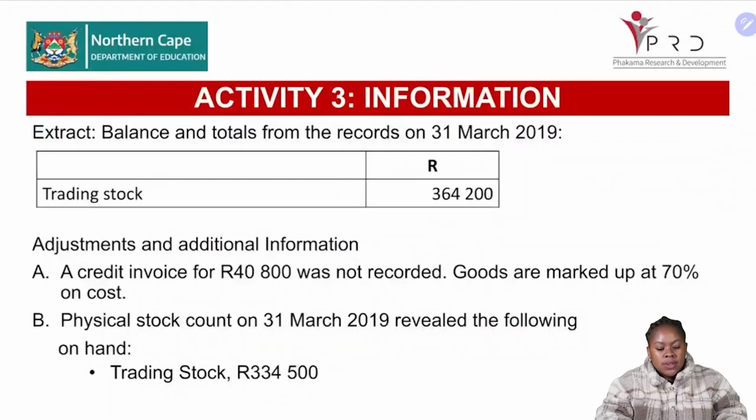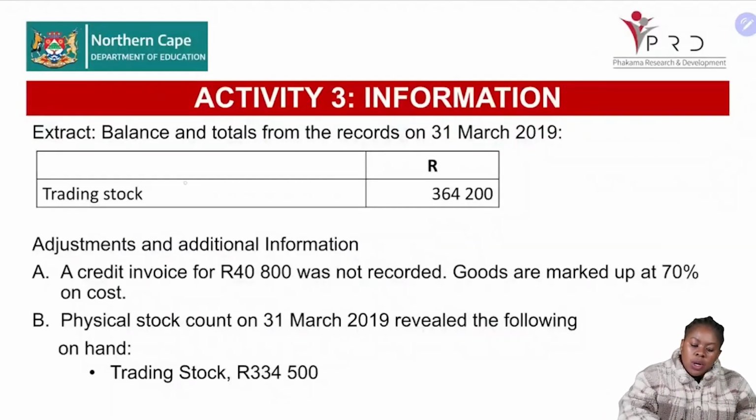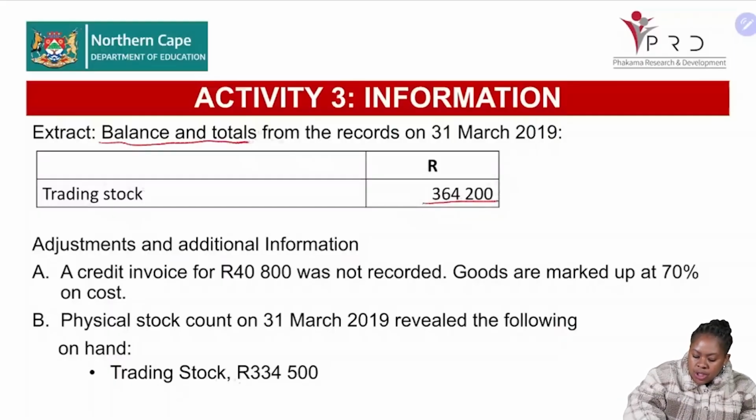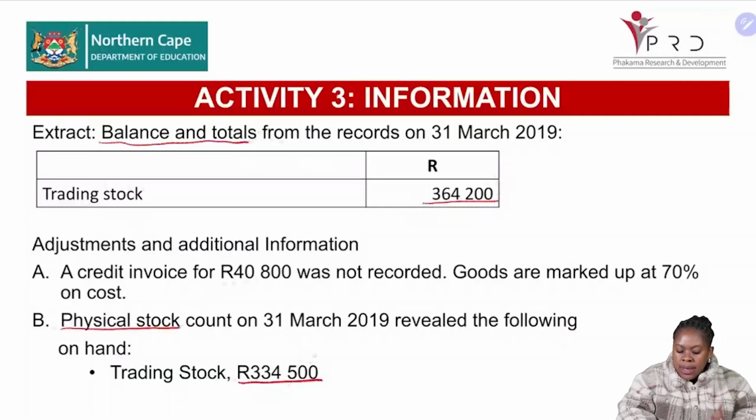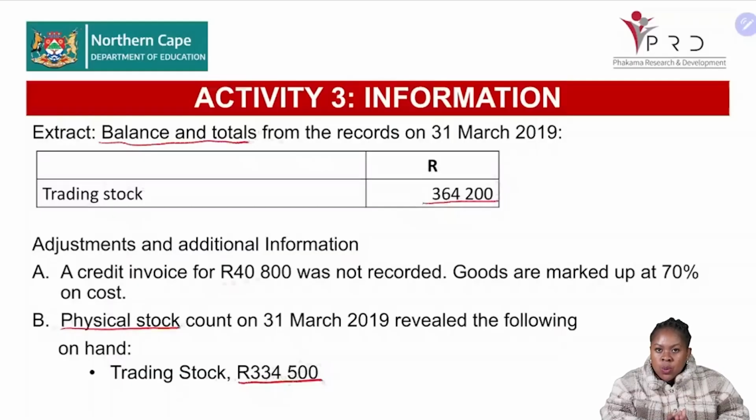Welcome back, grade 12s. Let's see what you have been up to. Now, according to our trial balance or our totals, our trading stock is 364,200. And if we look at our information, we will see that our physical stock count says we have actually 334,500. Now, looking at our definitions for trading stock surplus and trading stock deficit, I'm going to start with the surplus.